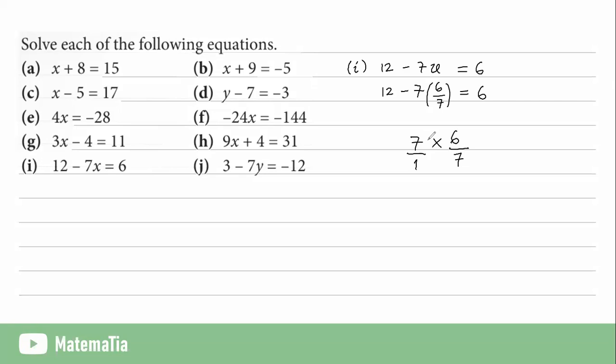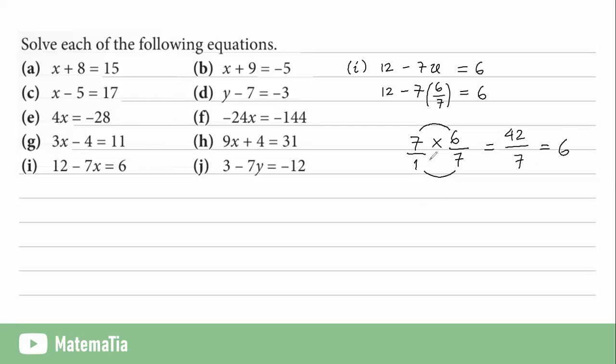So the value remains the same. And then to calculate, it's okay if you multiply the numerator by numerator and denominator by denominator. So we have 7 times 6 is equal to 42, and 1 times 7 is equal to 7.